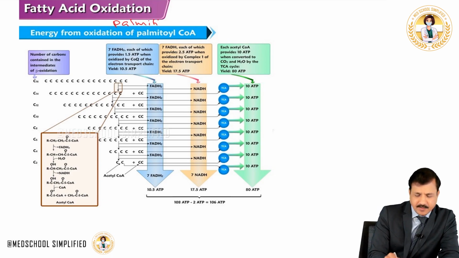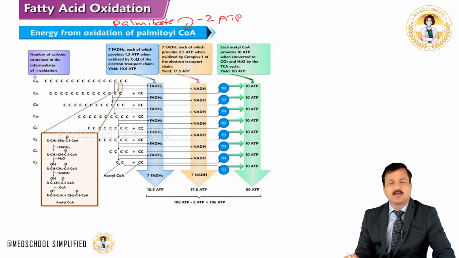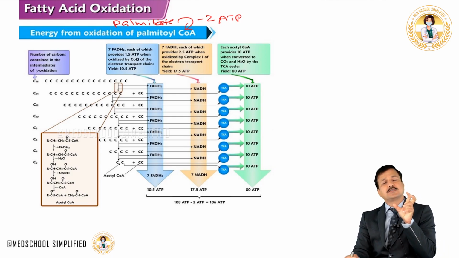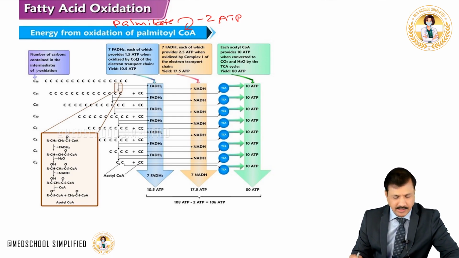Palmitic acid, or palmitate, the deprotonated form of palmitic acid, is activated into palmitoyl-CoA, which costs 2 ATP. So you have to consider that. If the energy is asked for palmitic acid, you have to subtract 2 ATP because CoA addition has consumed 2 ATP.